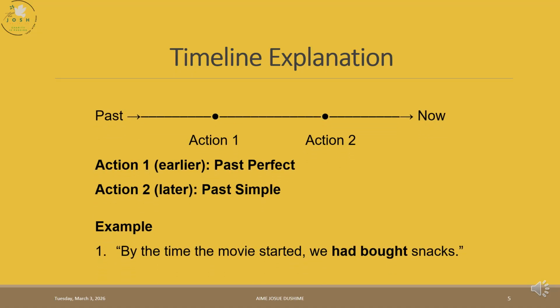Let's use a timeline to understand more. This is the past, and this is now. This time when you are listening to this video, this is now. We have action one happen here, another action happens here.